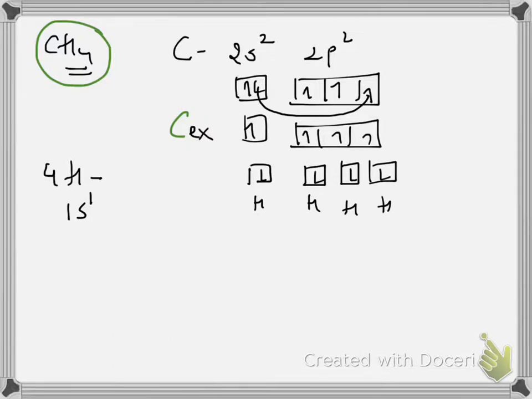Now bond formation starts from 2s of carbon to 1s of hydrogen, then 2p to 1s, 2p to 1s, 2p to 1s. 4 sigma bonds are formed in carbon: 1, 2, 3, 4.